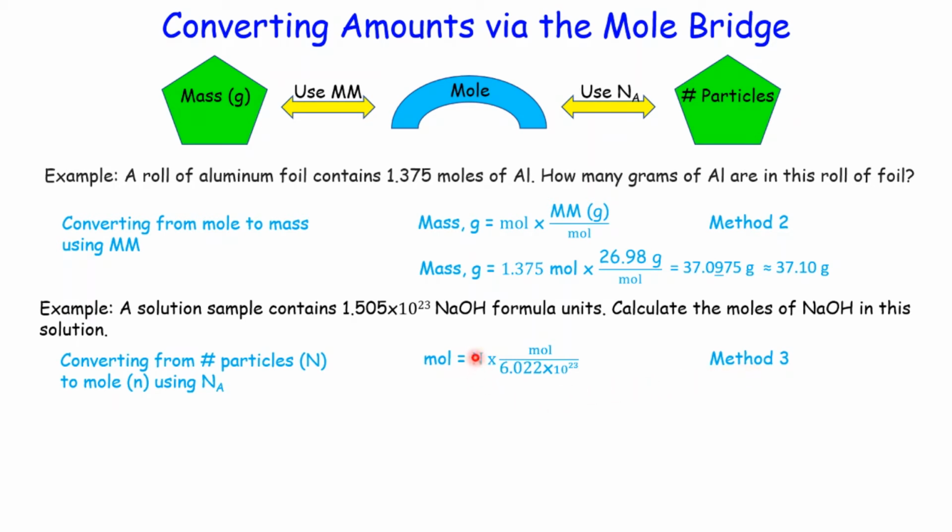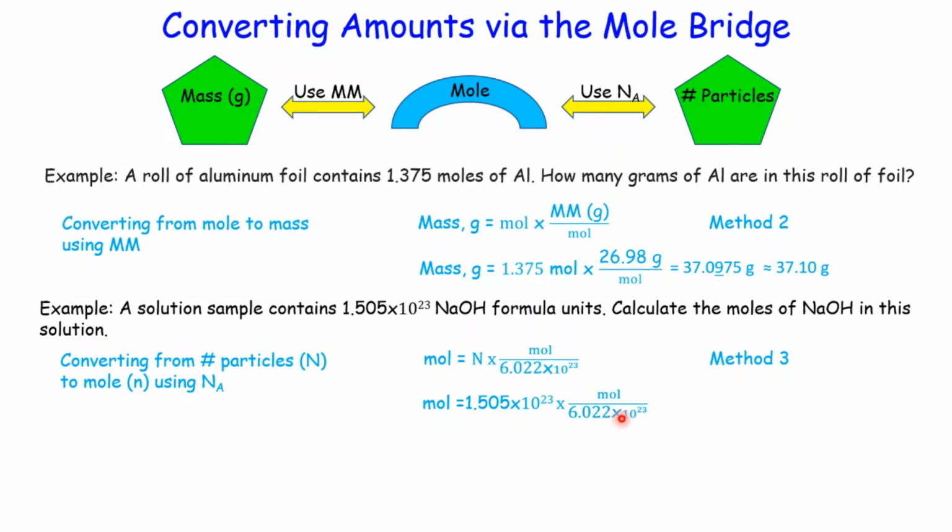So we start with what we know, the number of particles, and then converting from particles, put that on bottom, converting to the number of moles. All right? So here, the number of moles, put that on top. Now let's replace n with the number given here, 1.505 times 10 to the 23.